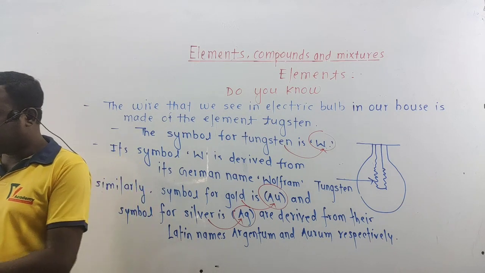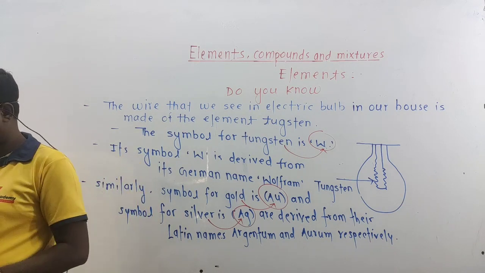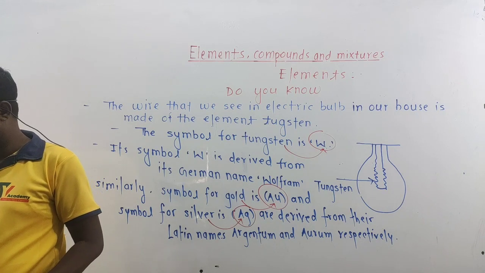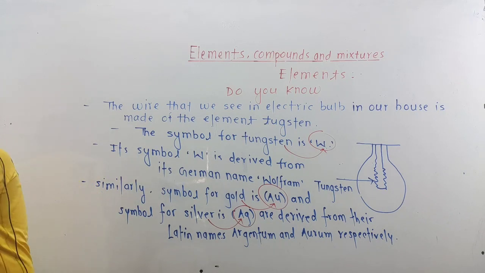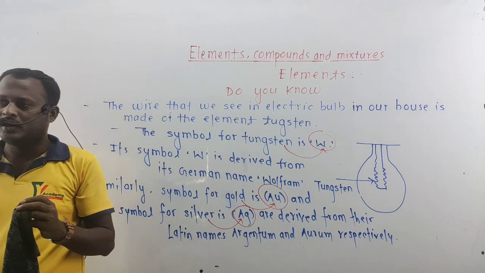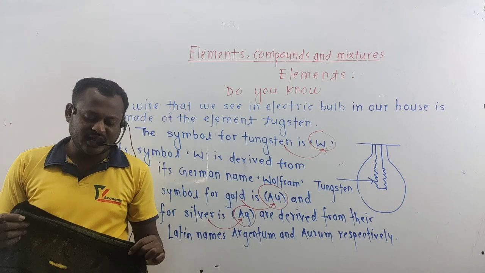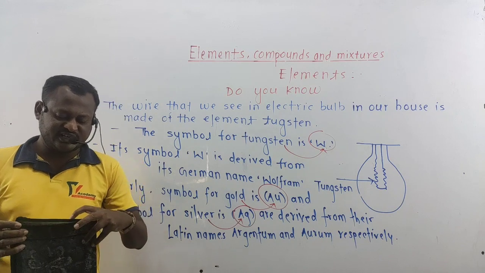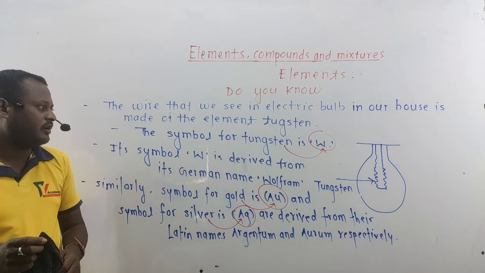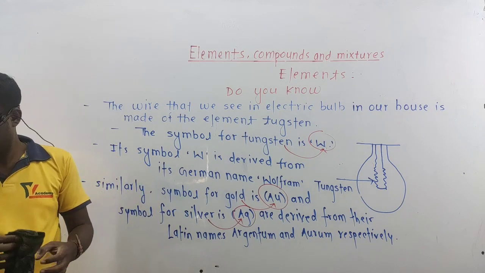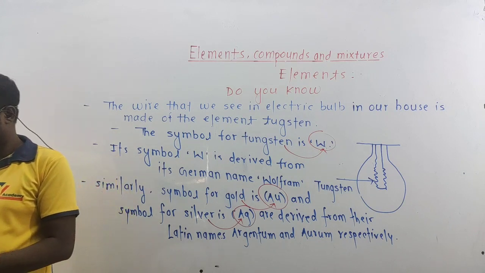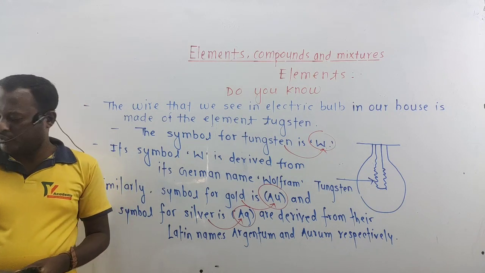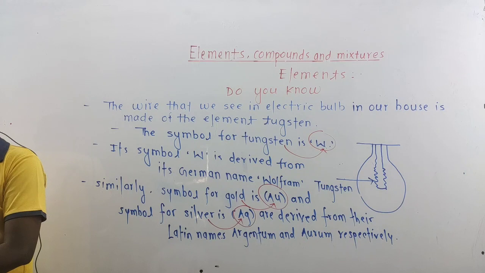So this is the information behind how the symbols of tungsten, gold, and silver are produced. Write down these things, then we will discuss other things.